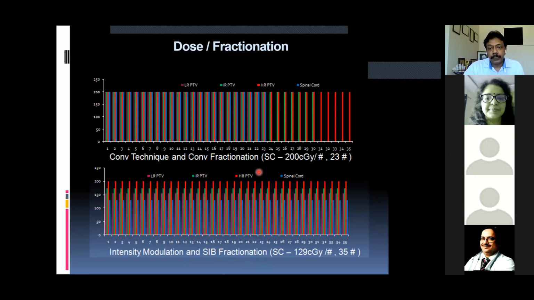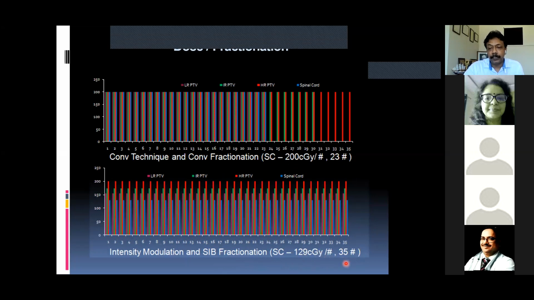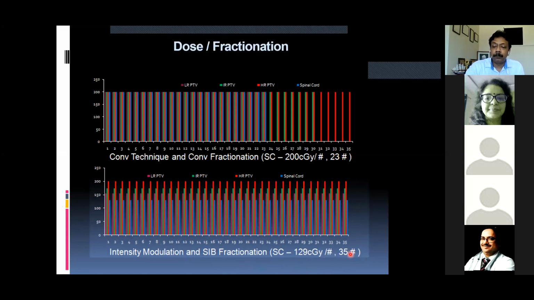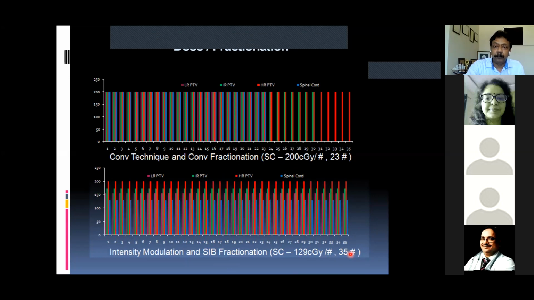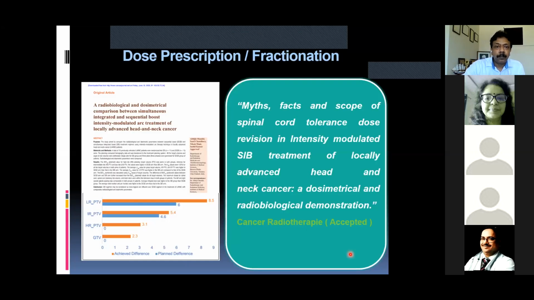So in the conventional technique, you see that the spinal cord receives 200 centigray per fraction in 23 fractions, whereas in SIB fractionation, the spinal cord receives 129 centigray in 35 fractions. So the spinal cord tolerance dose should be revised during the treatment planning.